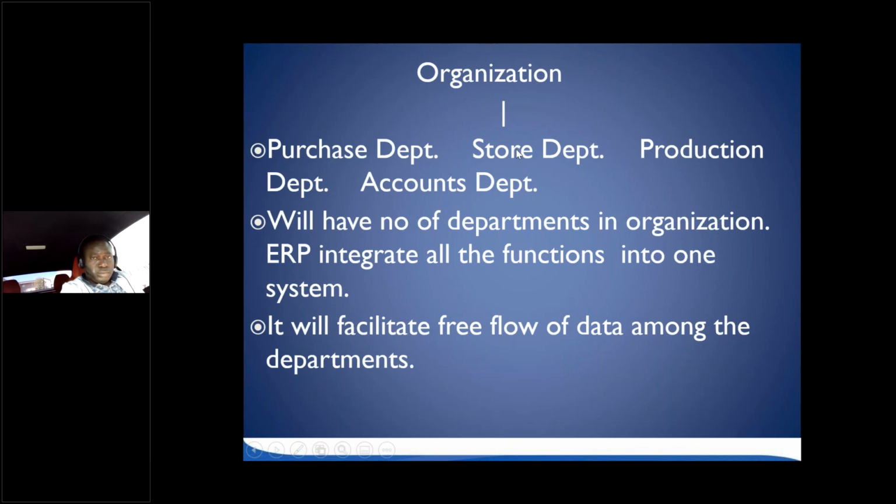The production department is the production module. Stores is the warehouse module. The accounts department is the finance module, FI-CO, finance and controlling. You can see a number of departments in every organization, and in the same way in ERP you have different functions, or different modules.